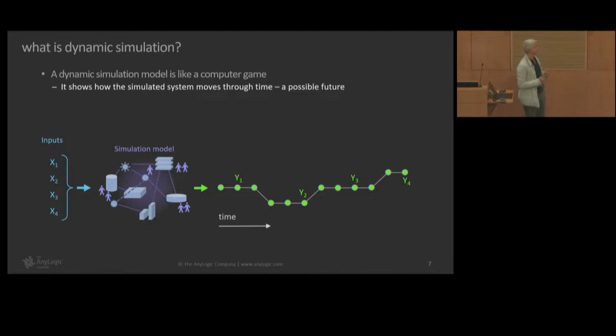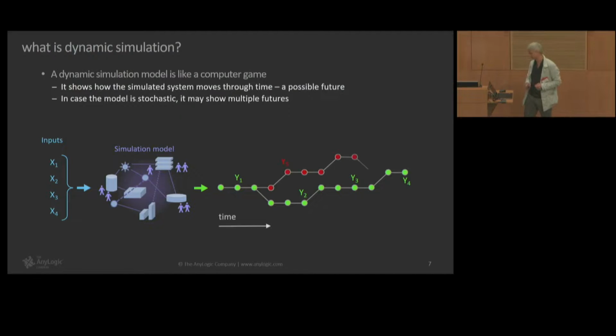Dynamic simulation allows you to build, let's say, a trajectory of how the system state changes over time. So dynamic simulation tools allow you to build a possible future of your system and show you how that future is reached and how it develops.